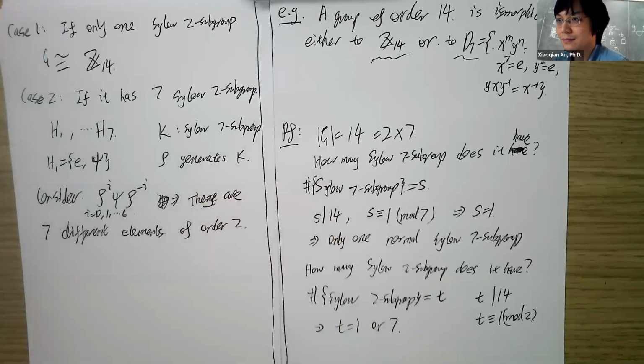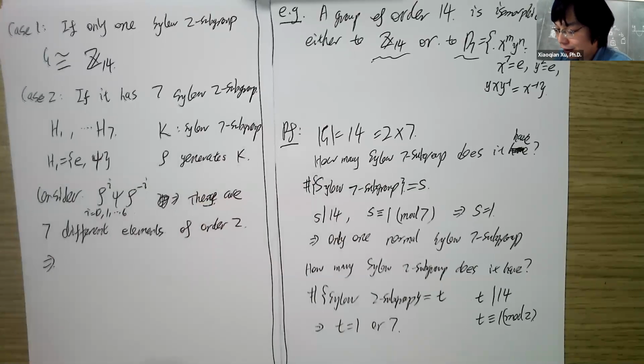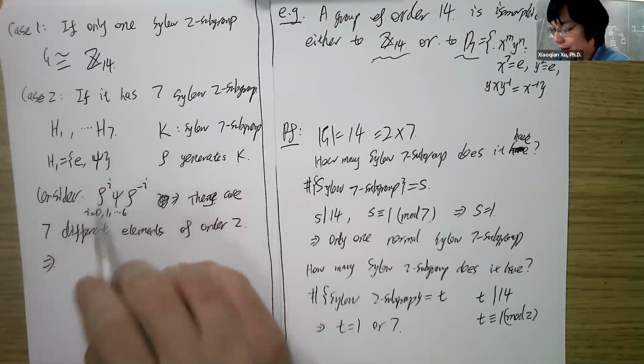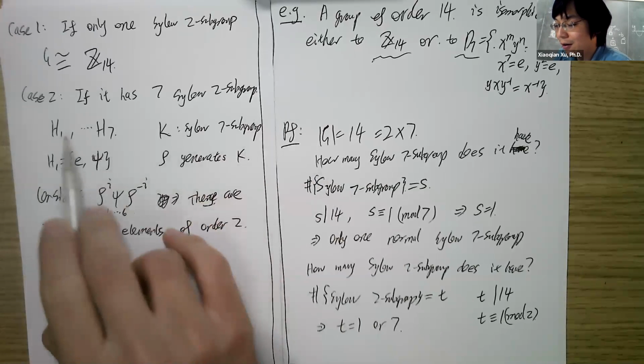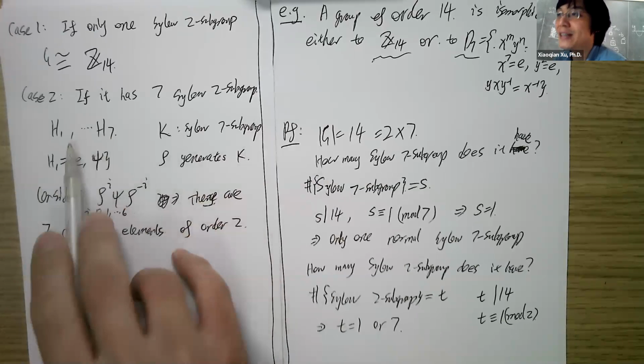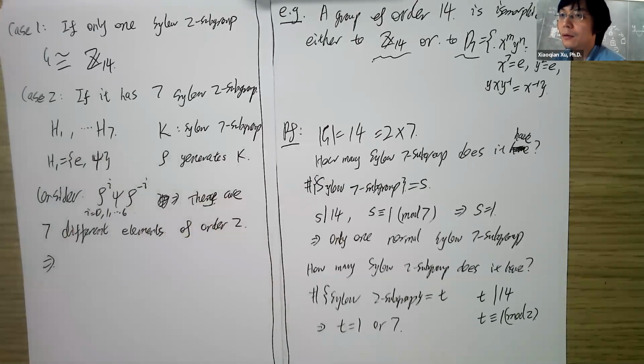Correspondingly, all these elements are the generators of H1 until H7, because you only have 7 Sylow 2-subgroups. So we find those 7 different order 2 elements, and they must generate H1 until H7.